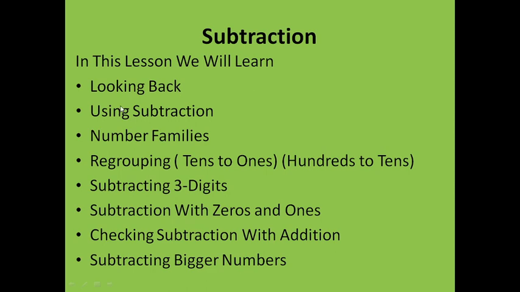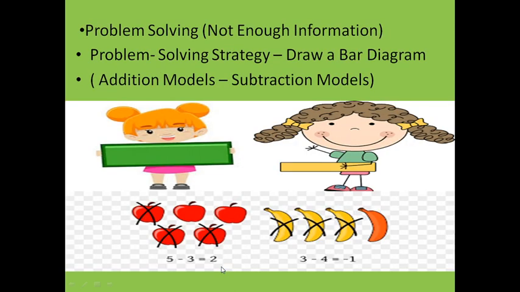Today we will take subtraction, number families, regrouping tens to ones and hundreds to tens, subtracting three digits, subtraction with 0 and ones, checking subtraction with addition, subtracting bigger numbers, and also problem solving.